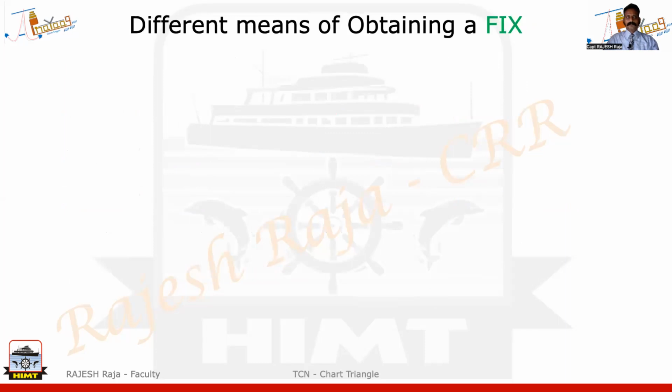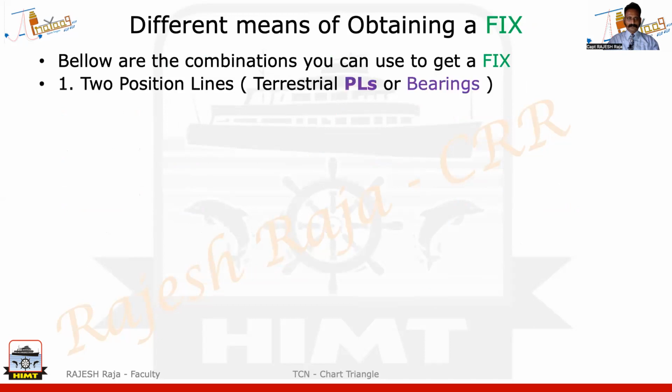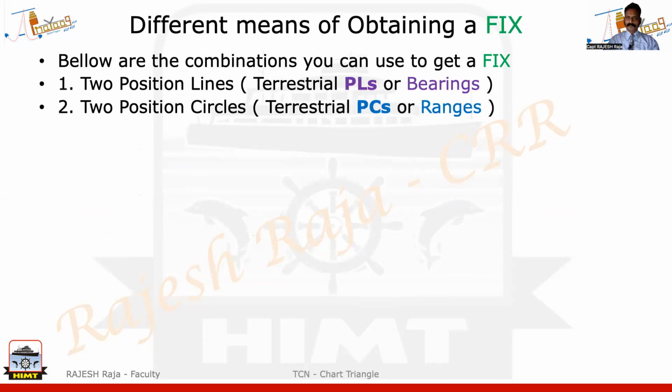Now, we can use various combinations of this PC and a PL. So let us quickly look at what all possibilities are there. One of the simplest combinations is having two position lines or two bearings, or two position circles or two ranges. I mentioned terrestrial. Why? Because it could be a terrestrial object.